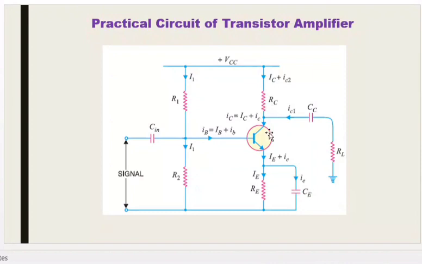If the current is flowing in this direction, RC has a shunting property, I mean shunting effect. Shunting means it will divert the current to the other direction, due to the high resistance value.